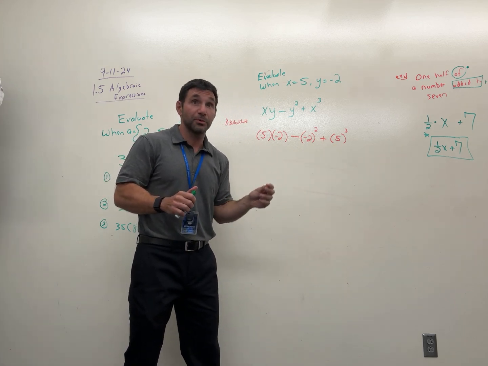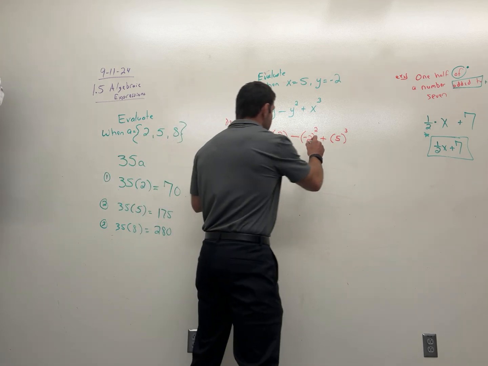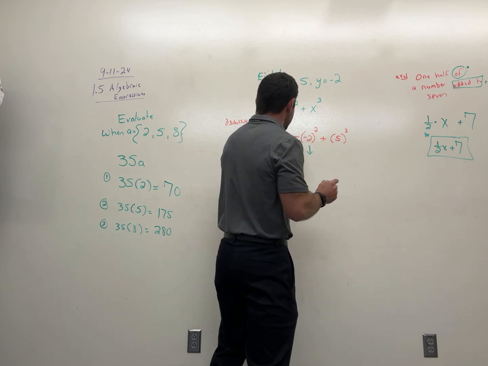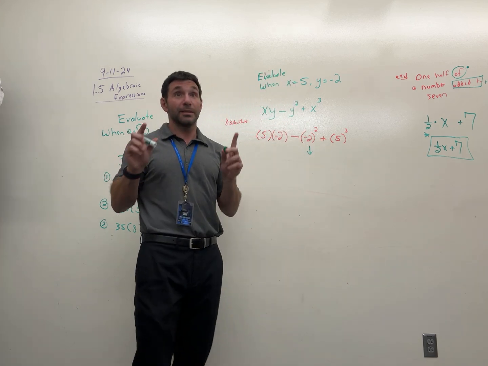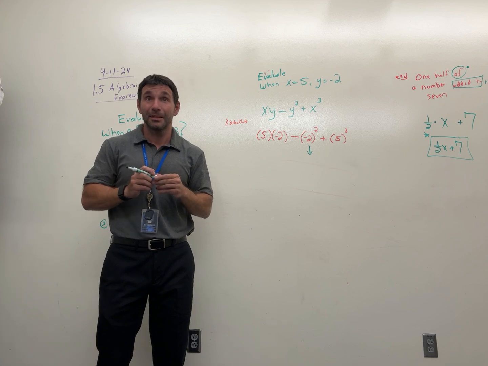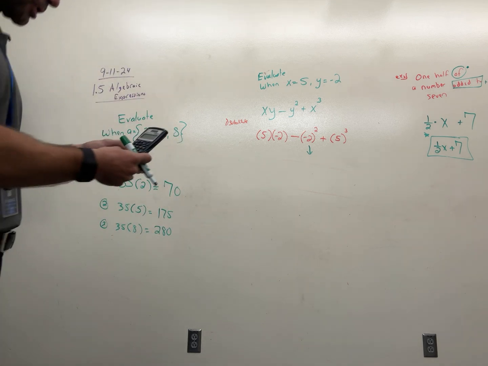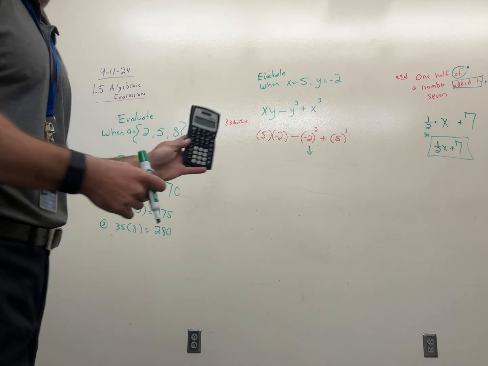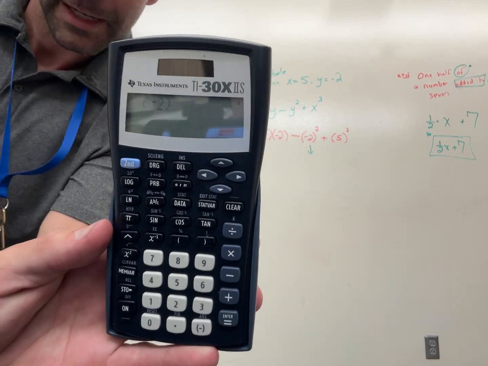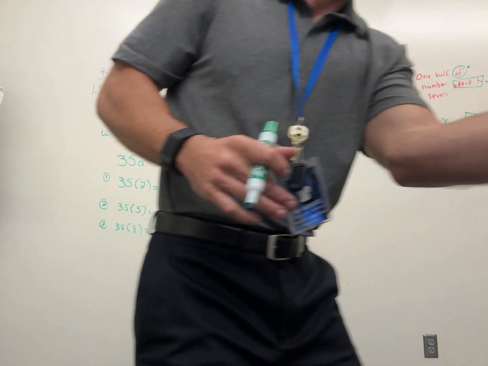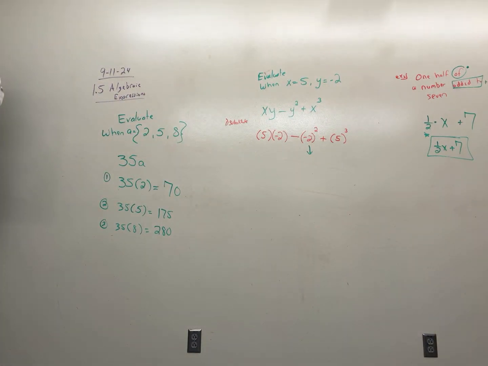Are there exponents? Yes. I have in parentheses negative 2 squared. Listen, it's in parentheses. So when you do it in your calculator, you're going to go parenthesis, negative 2, parenthesis. It needs to look like this in your calculator, because that's what it is on the board.